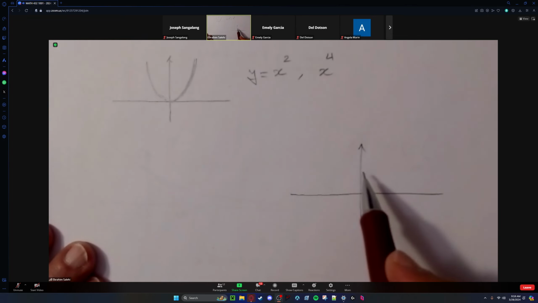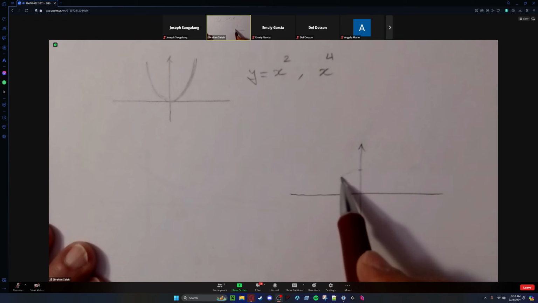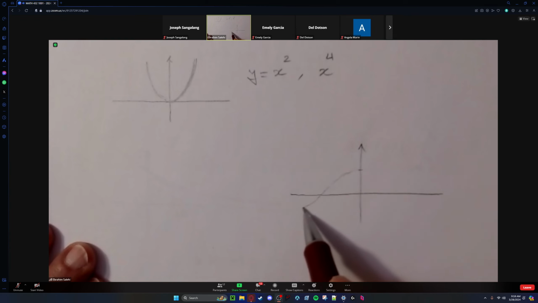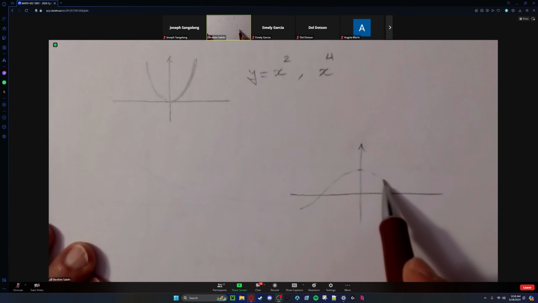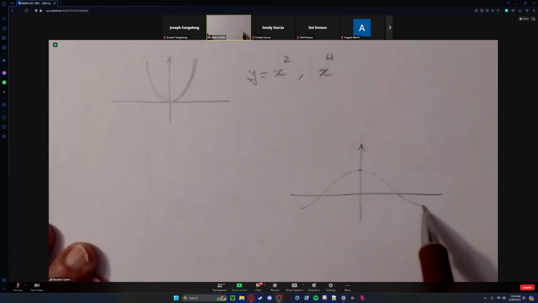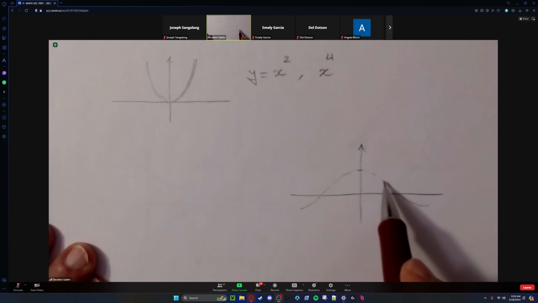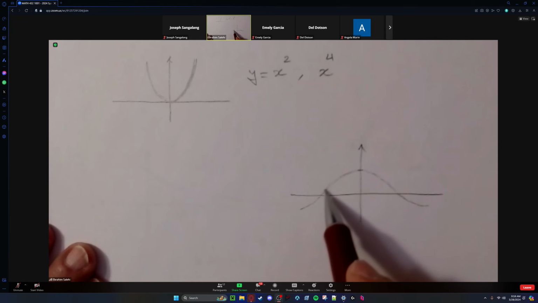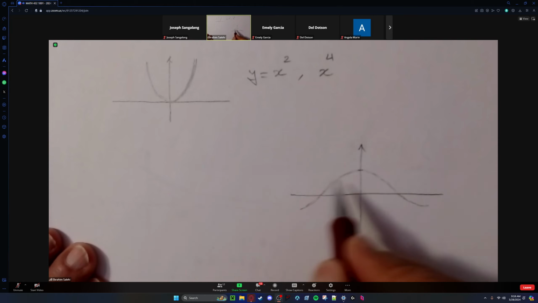Here's cosine x, which goes like this. This is y equal cosine x.